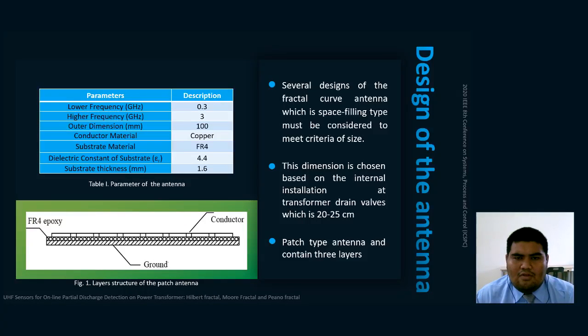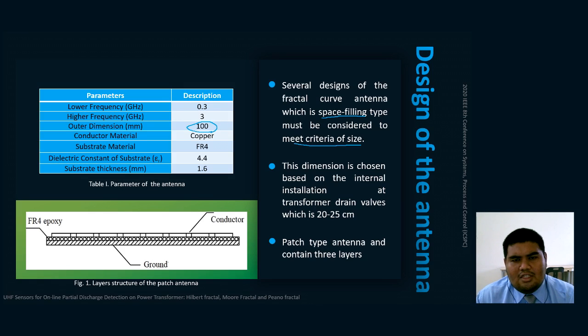Several design considerations for the fractal curve antenna must be met to satisfy the size criteria for antenna installation in a power transformer and also to increase the gain and sensitivity of the sensor. The outer dimension is determined as 10 times 10 cm.